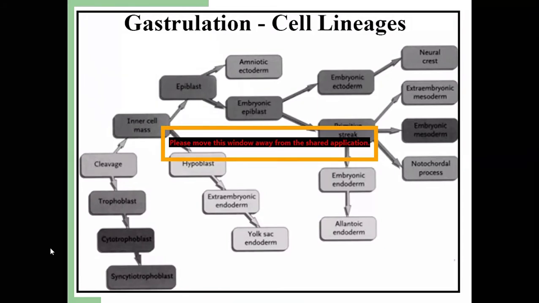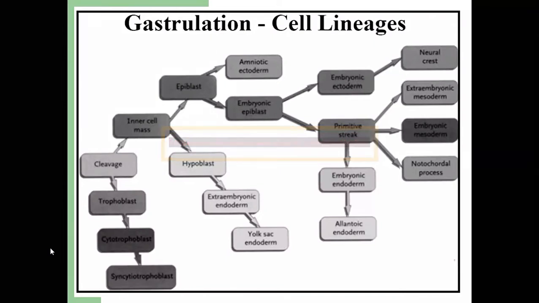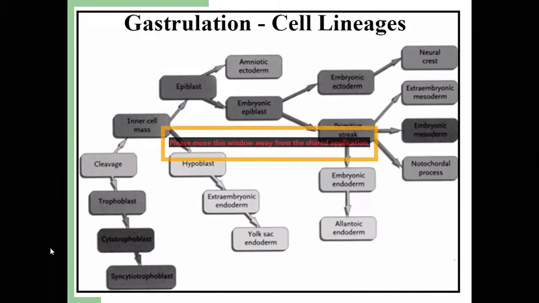So that is the ectoderm. The second one is the mesoderm. Miss Pagay, what are the derivatives, or what are the organs that will be derived from the mesoderm? All types of muscles, Doc. Yes, correct.